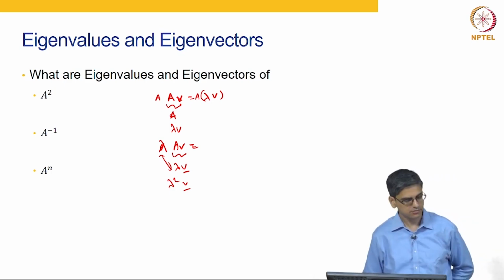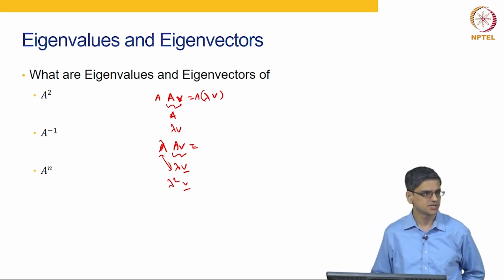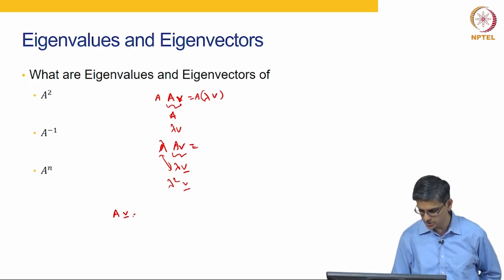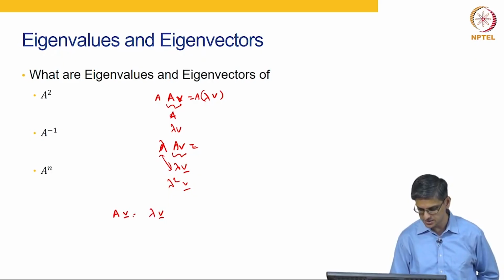What about A inverse? Same thing, right. So, you have A v bar equal to lambda v bar. Okay, if inverse exists, multiply by A inverse, this is going to be identity.